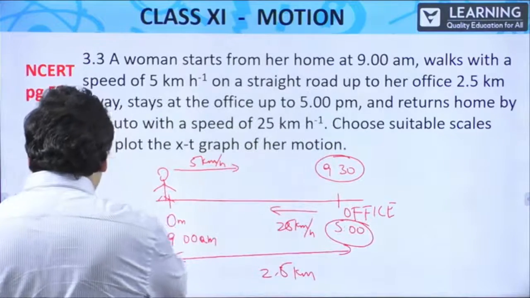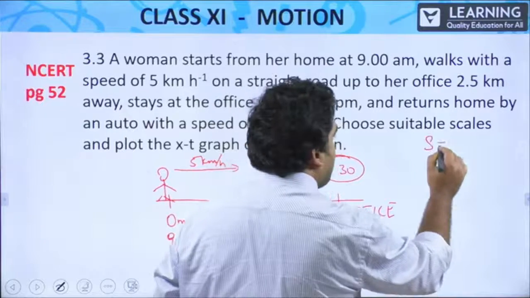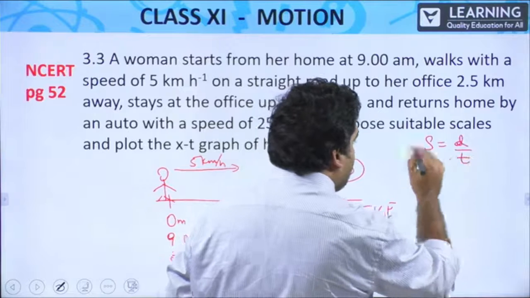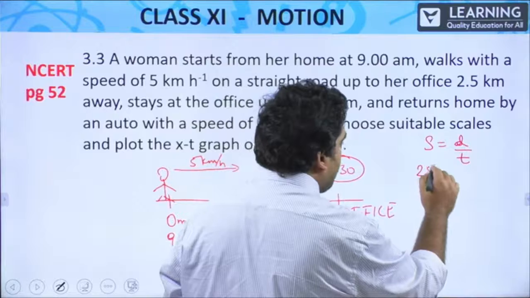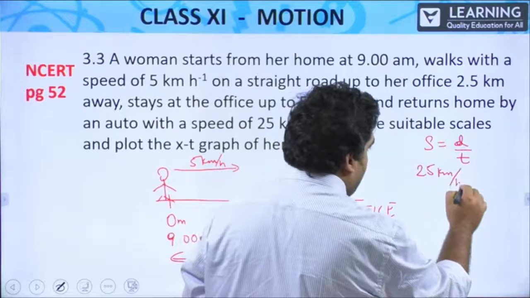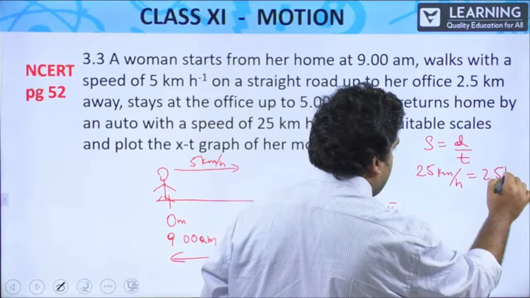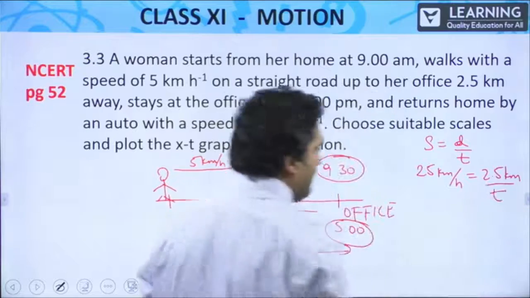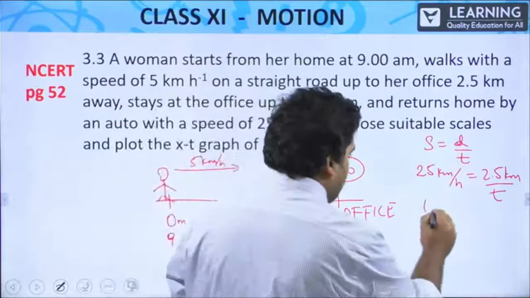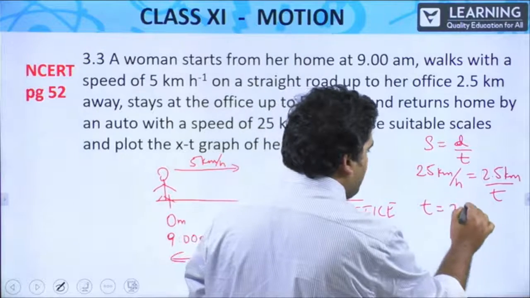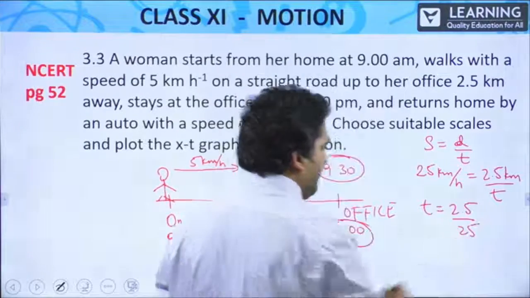We use the same formula once again, that speed equals distance by time. Speed now is 25 km per hour, distance is 2.5 km, and time t is what you need to find. So you can write t equals 2.5 by 25.